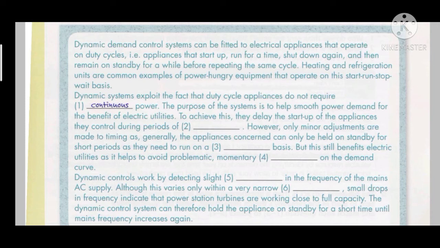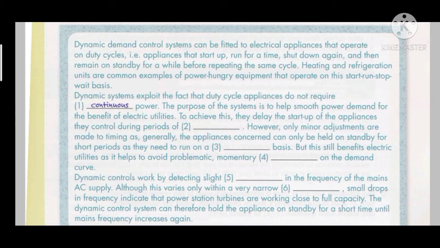Heating and refrigeration units are common examples of power-hungry equipment that operate on this start, run, stop, wait basis. These are machines that consume a lot of electricity and energy. Start, run, stop, wait. This is the cycle.